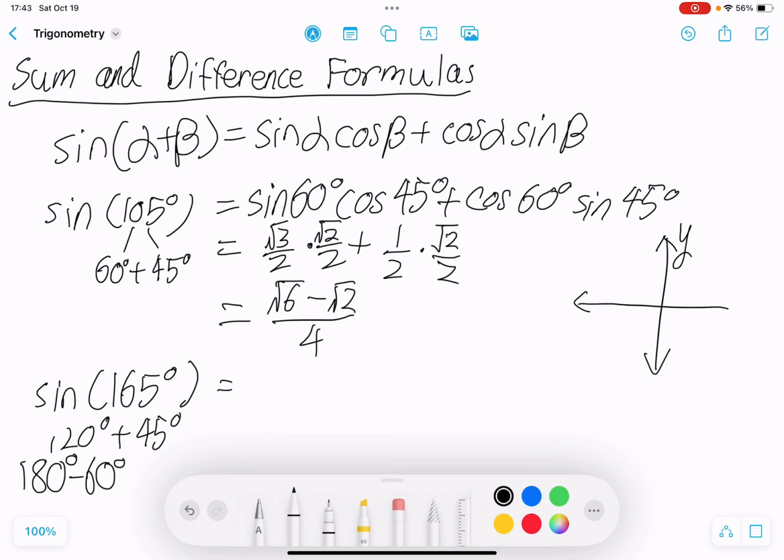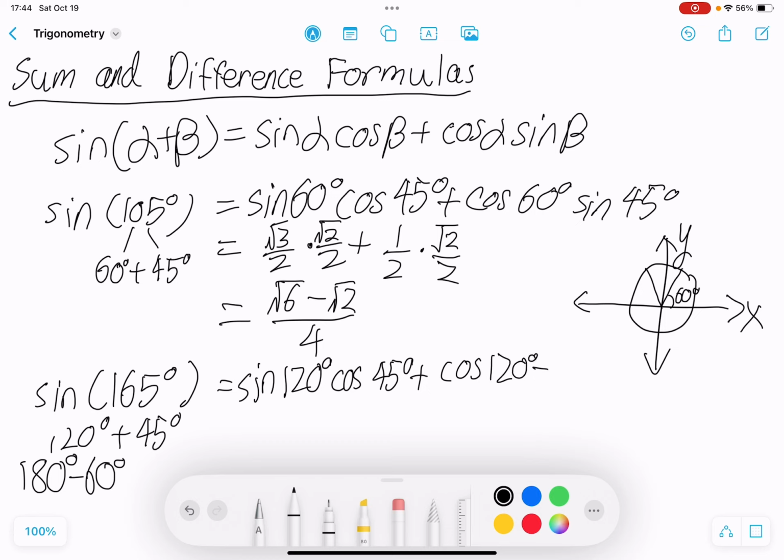So we draw the unit circle, and we know that this is 60 degrees, and this is 120 degrees. Note that sine 165 is equal to sine 120 times cosine 45 degrees plus cosine 120 times sine 45 degrees, right? The y coordinate here looks about the same, and we can prove it, but I'll just eyeball it.